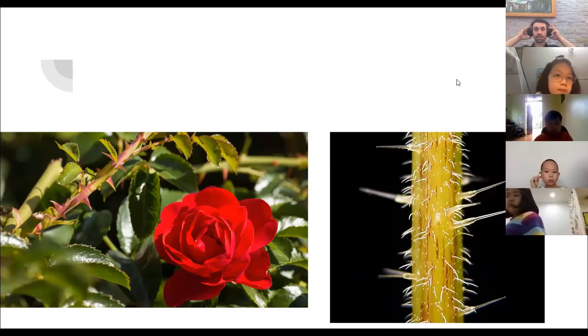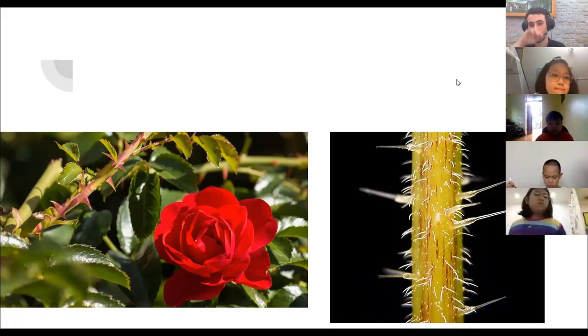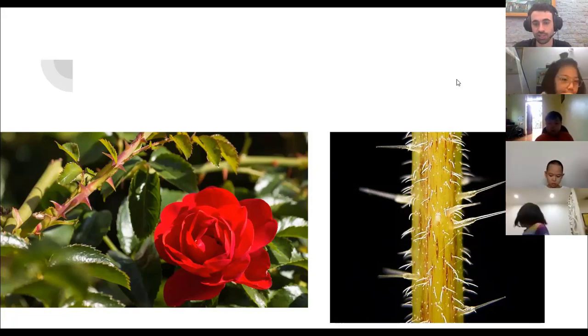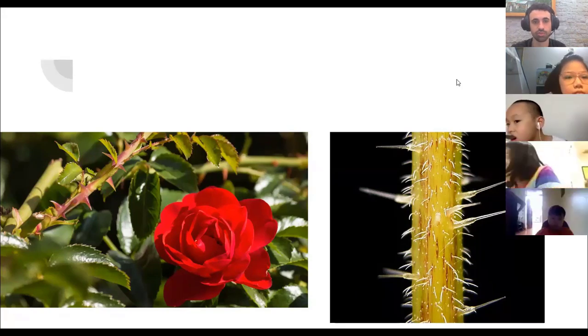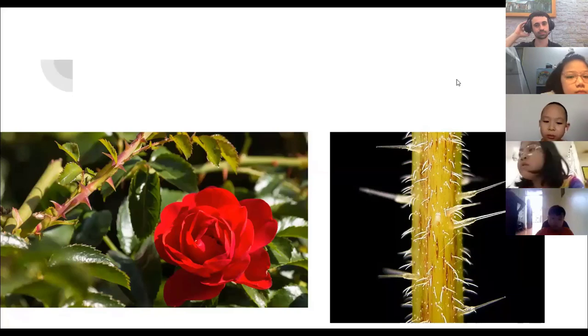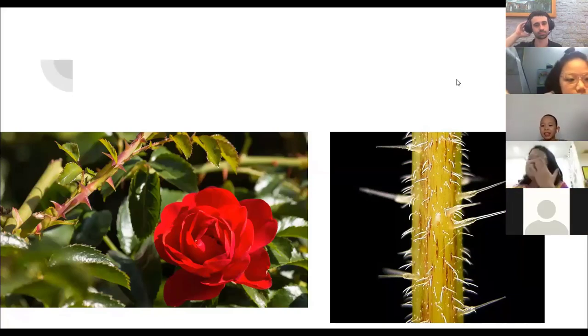Yeah, so the one on the right is actually not a cactus. But yeah, it kind of reminds me of a cactus because it has all those needles or those thorns on it. But we'll see what it is soon. Anyone else? Lisa, what do you notice about these plants? They have leaves.